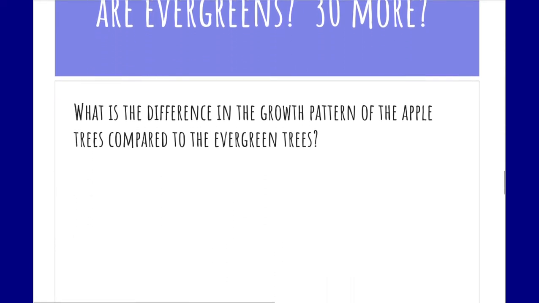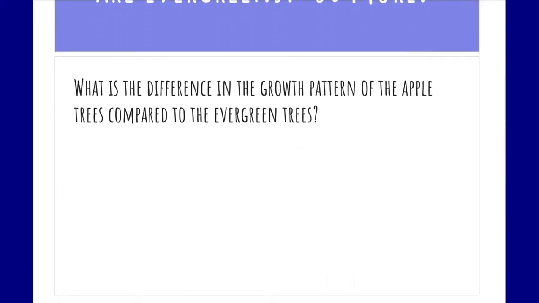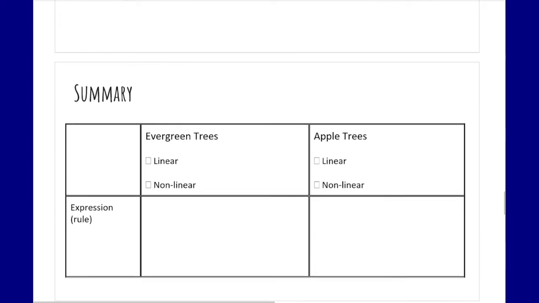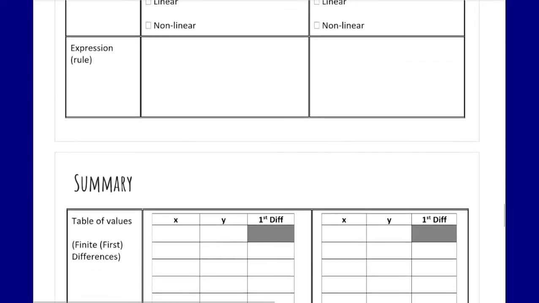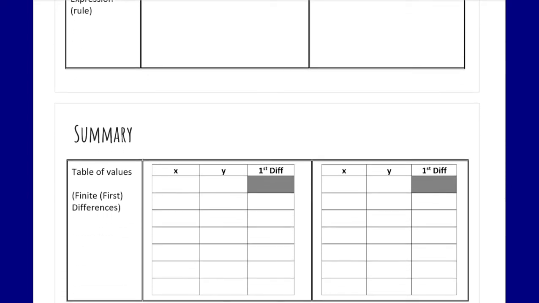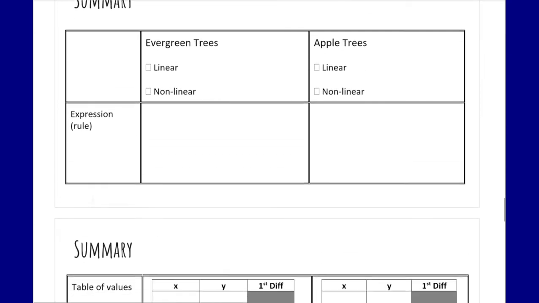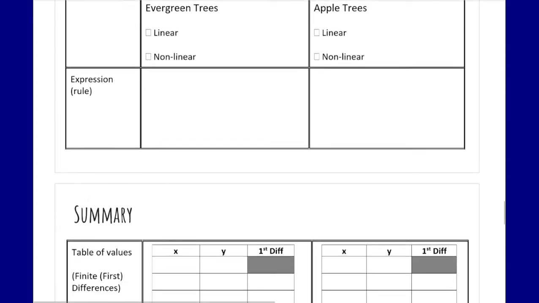What is the difference in the growth pattern of the apple trees compared to the evergreen trees? We are going to go back and look at the different patterns. When we get into the summary, before I even get into this, I'm going to go through and create my table of values for n, the number of evergreens, and the number of apple trees.